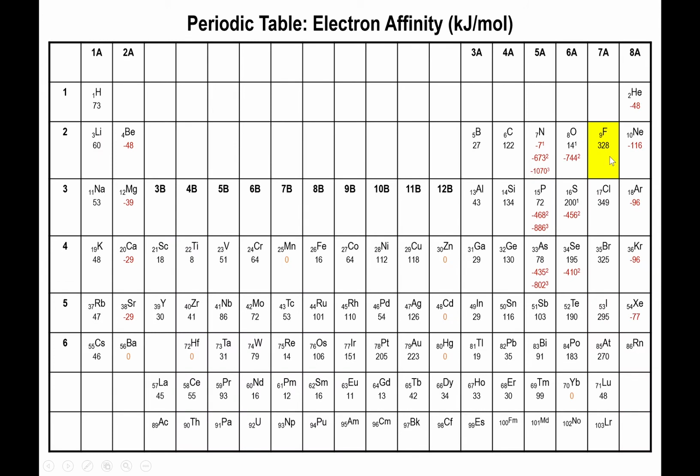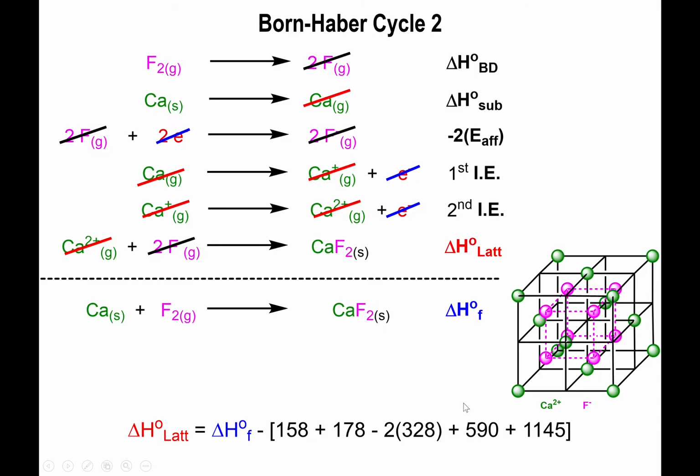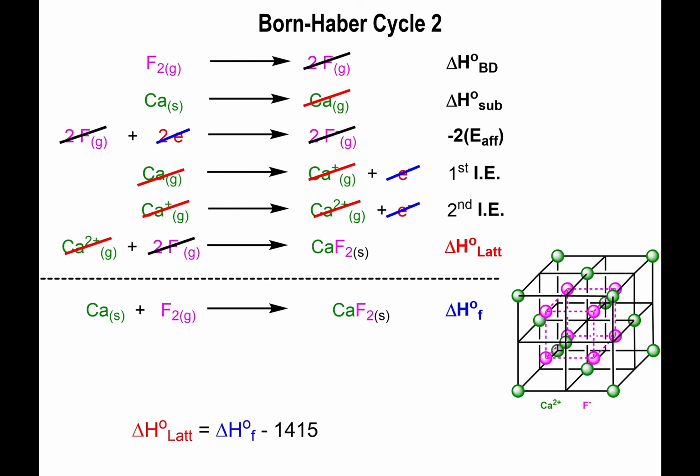So we multiply that by -2 in this case, right? So -2 times 328. If you carry out the entire summation in the black brackets, you'll end up with -1415. And if you carry out the subtraction from the enthalpy of formation, which is -1220 for calcium fluoride, you find the lattice enthalpy for calcium fluoride to be -2635 kilojoules per mole.